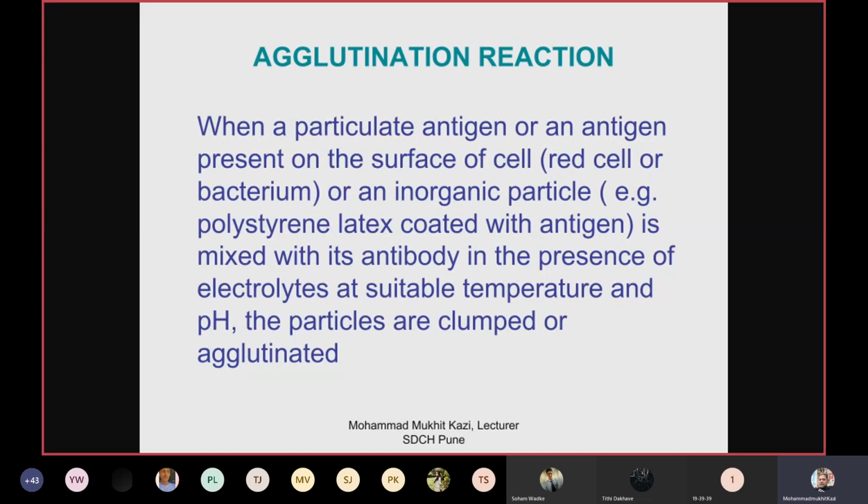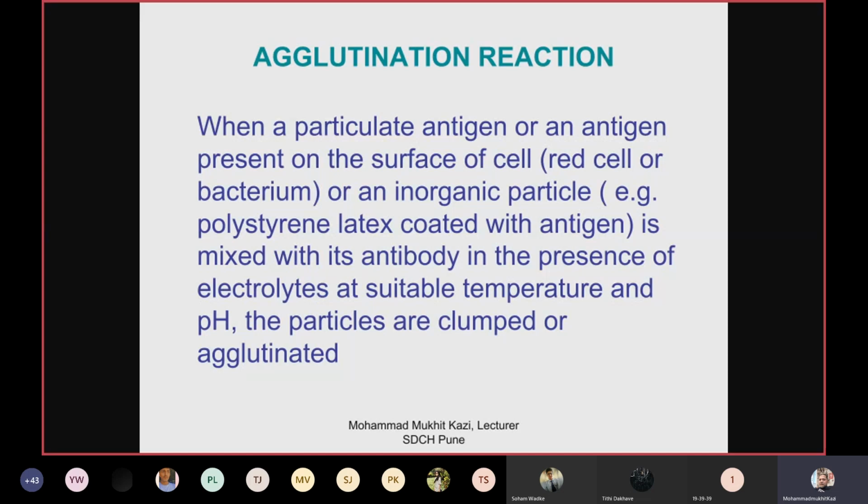And now we are going to the agglutination reaction. In precipitation reaction, one thing you should remember: the antigen was soluble. Here in the agglutination reaction, the antigen is particulate, that means insoluble. When a particulate antigen, or an antigen present on the surface of a cell or an inorganic particle, is mixed with its corresponding antibody, again in the presence of electrolyte, suitable temperature and pH, they form clumps or agglutinates.